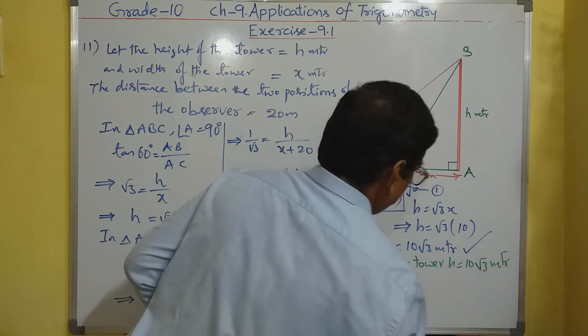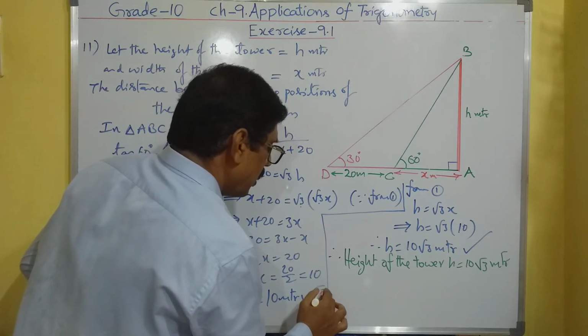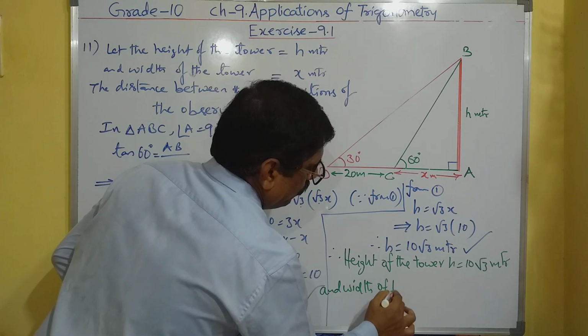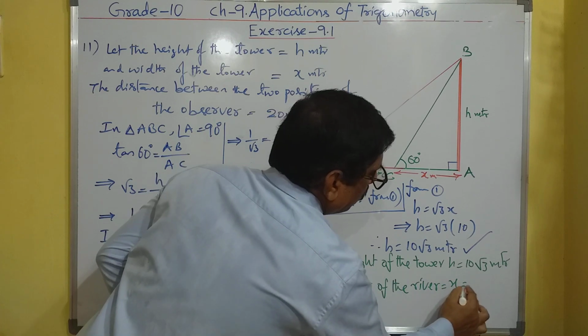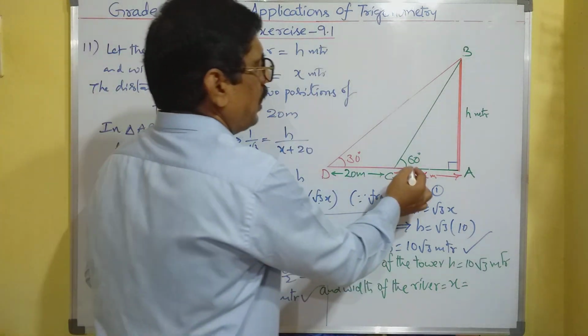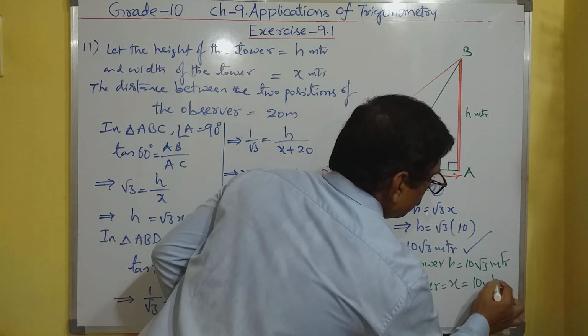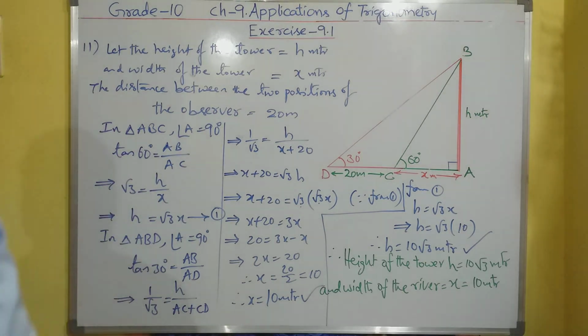And what is the other one? x. x is the width of the river. Width of the river, x is equal to, what is the x value? We got 10 meters. Okay, please copy it.